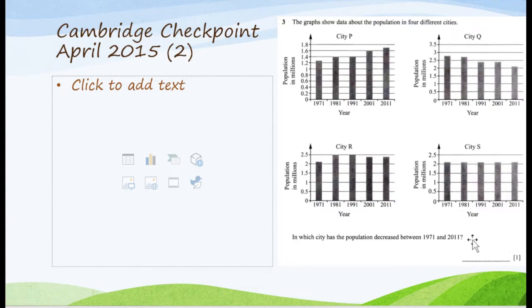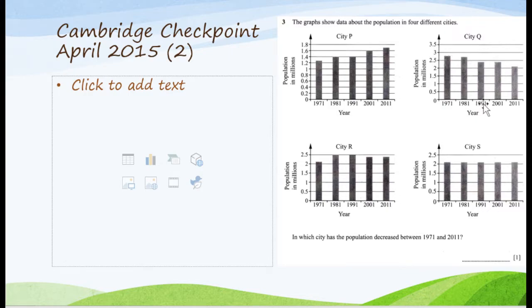So, for example, 1971 it will be 10, and then 1981 it will be 8, and then 1991 it will be 6, right? So, oh okay, the bar should go down then, right? So here you can see CTP, the tendency is going up. So for sure it's not this. Now, CTQ is going down.